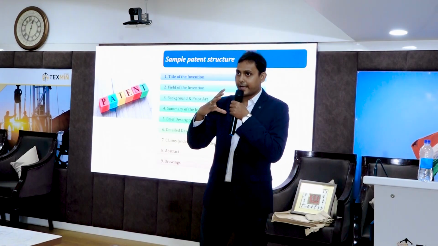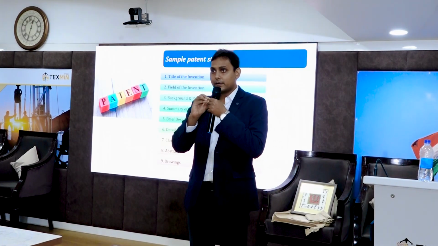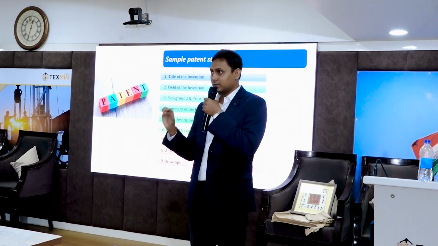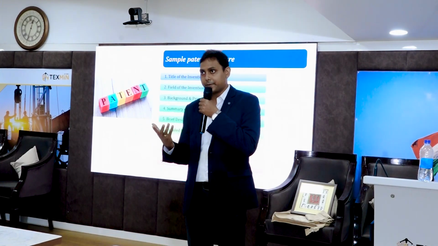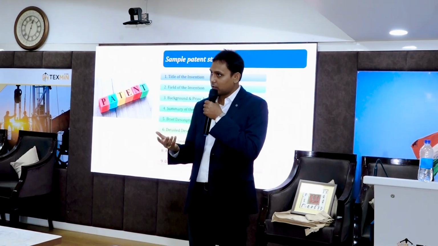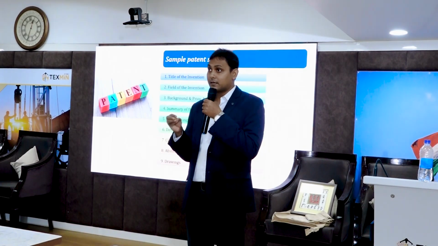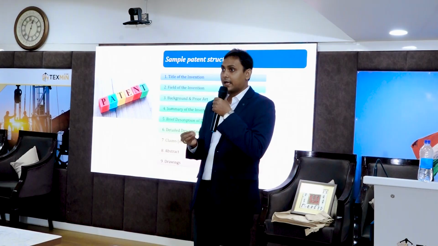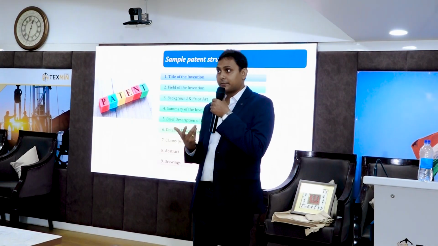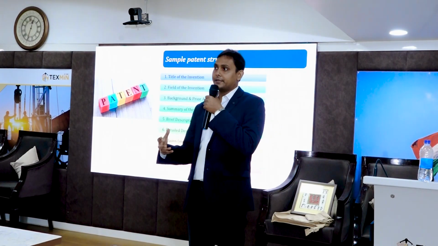So in the background section, what will we write? We will write different prior art documents. It may be patent literature or non-patent literature, and then we will discuss the problems that are available in those documents, and that we are solving through our new invention.